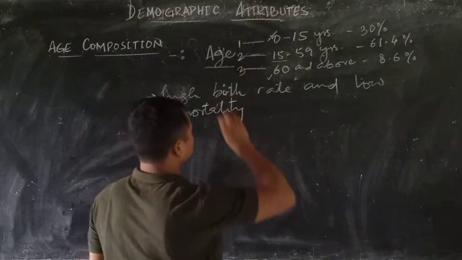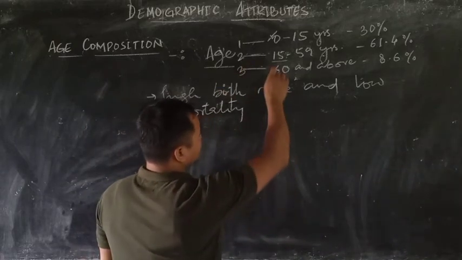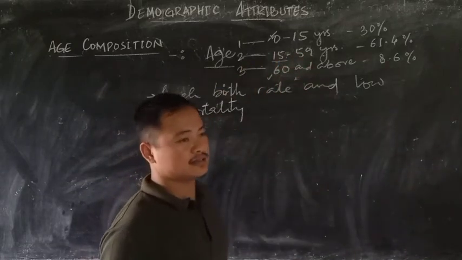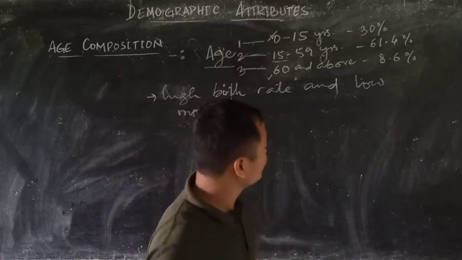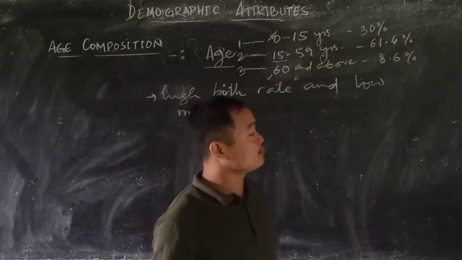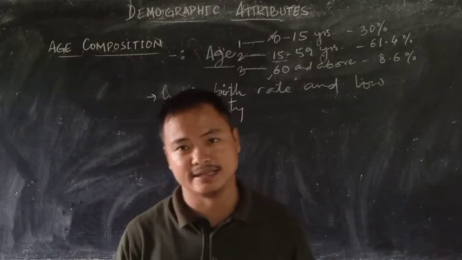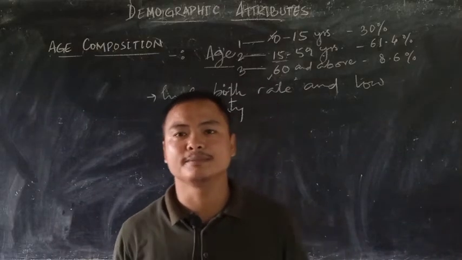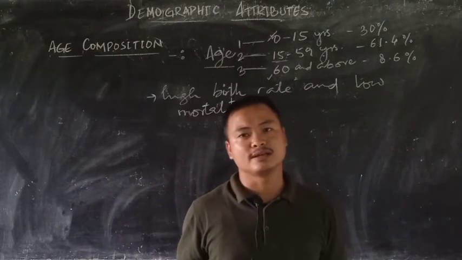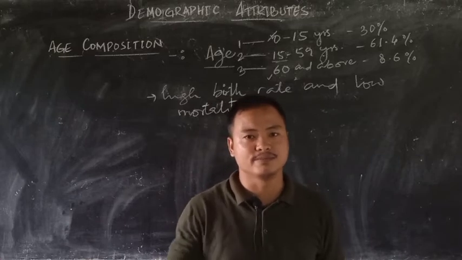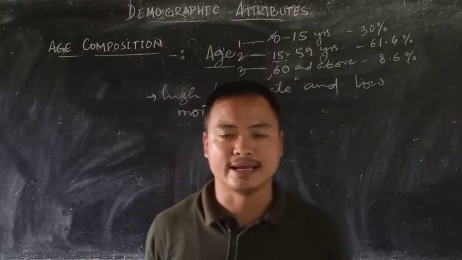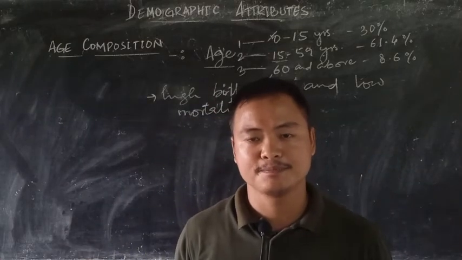So they are known as dependents. But 15 to 59 years in India, with almost 61.4% of the total population, is considered to be the working people, because they are more productive in terms of biological, economic or social aspects.